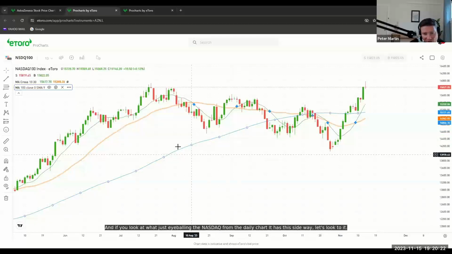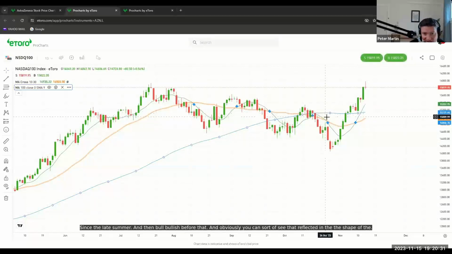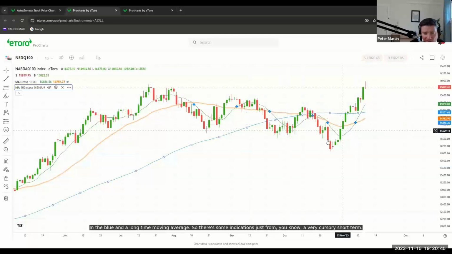Just eyeballing the NASDAQ from the daily chart, it has this sideways look since the late summer, and then bullish before that. You can see that reflected in the shape of the blue long-term moving average.